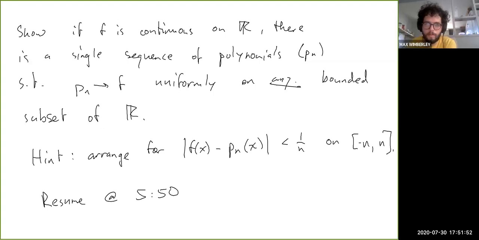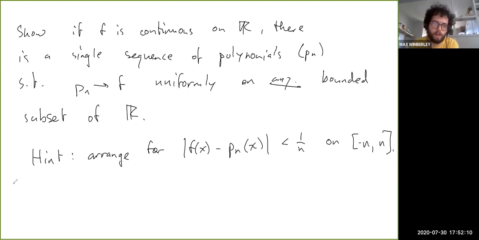All right, so let's see. The hint tells us that we should try to argue that we can construct our sequence so that this is true. So why would that be the case?